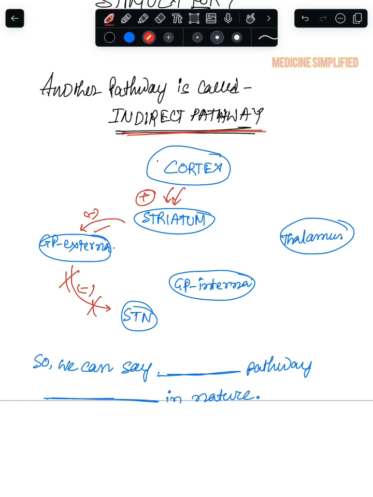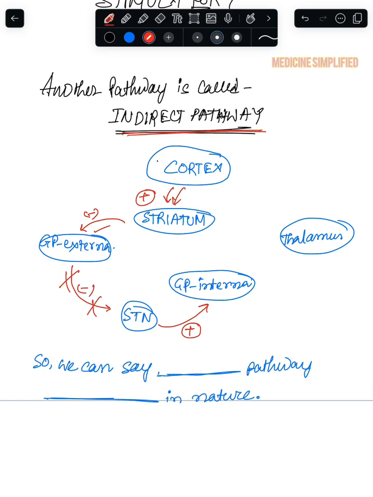Remember rule number 3, what I have said: all intrinsic connections among the basal ganglia are inhibitory except those arising from the subthalamic nucleus. So the subthalamic nucleus will send a stimulatory signal to globus pallidus interna. According to rule number 2, globus pallidus interna is the main output of the basal ganglia.